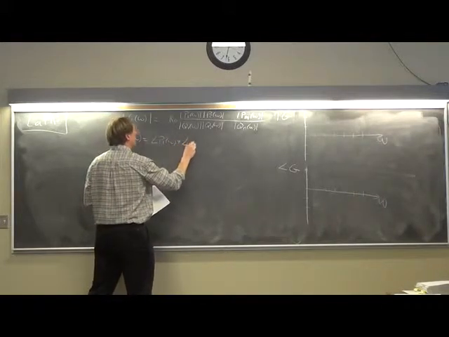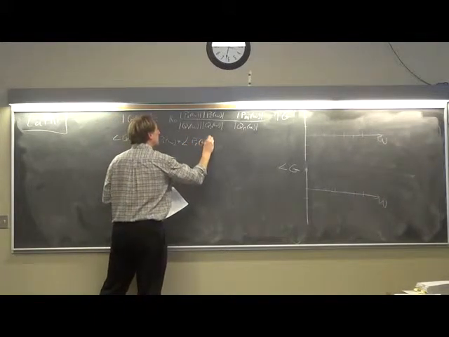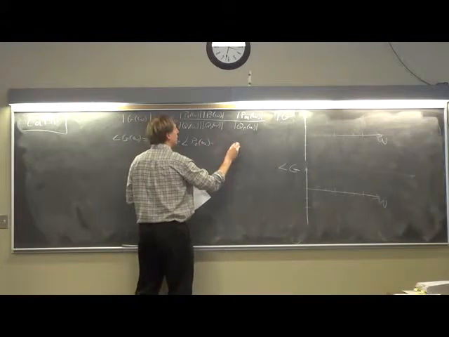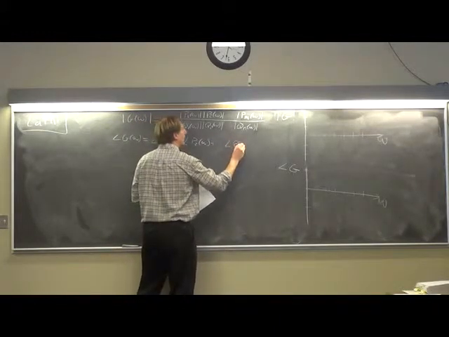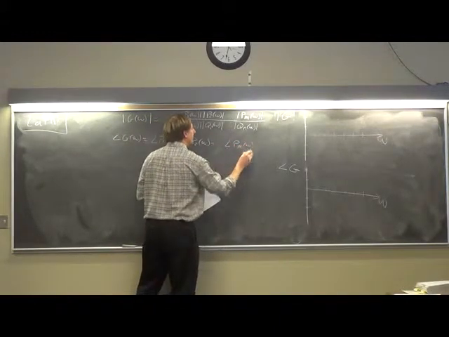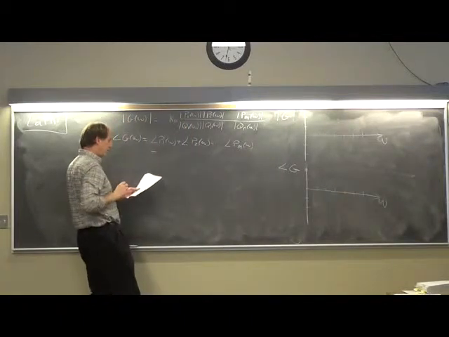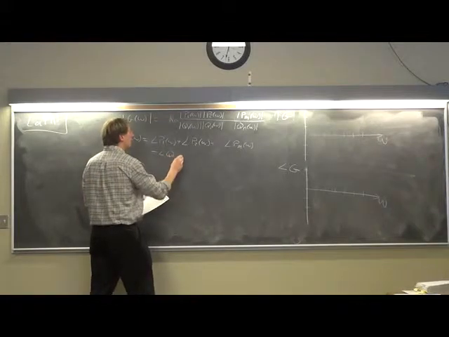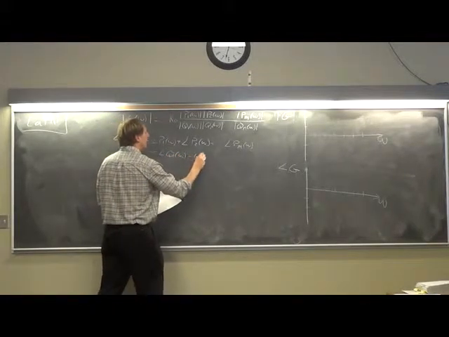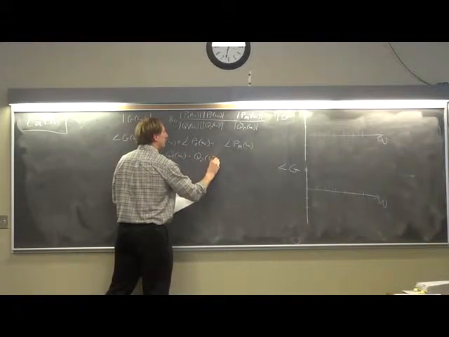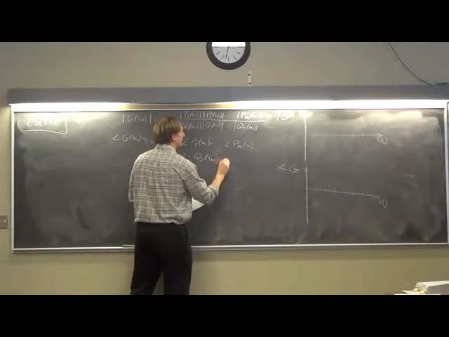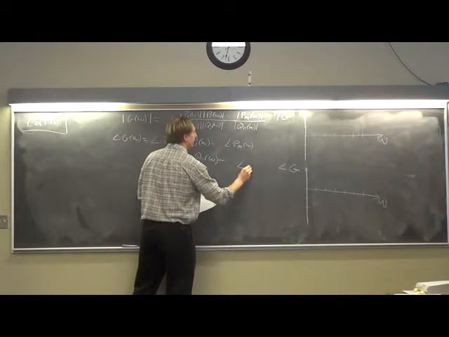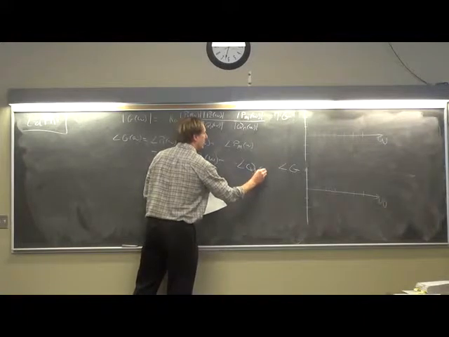I'll add to it the angle of P2, all the way out to the angle of PM. Subtract from it the angle of Q1, the angle of Q2, minus dot, dot, dot, minus the angle of Qn.